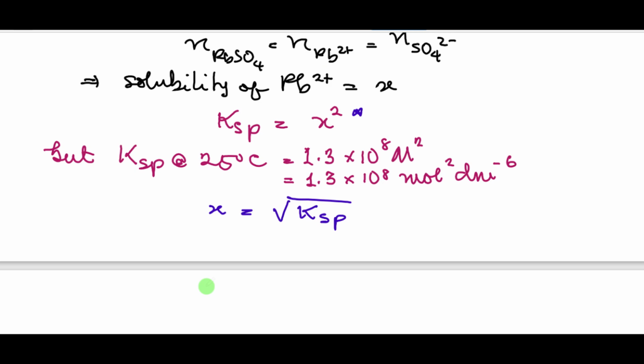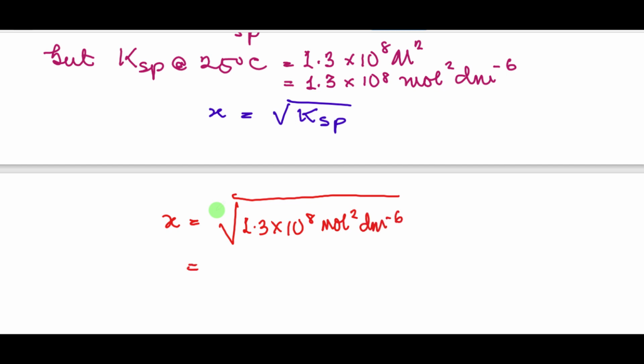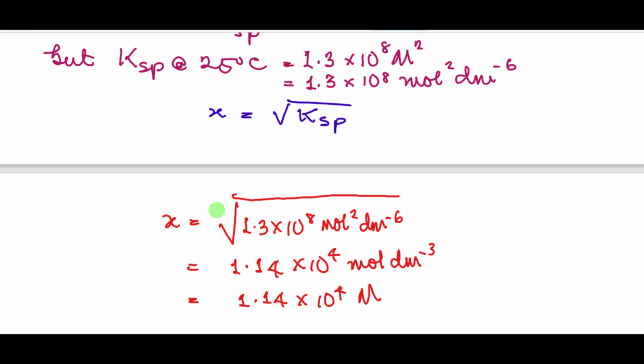So if you substitute the values, that will be X equals the square root of 1.3 times 10 raised to the power 8 mole squared per dm raised to power what, 6, and if we evaluate this, you get 1.14 times 10 raised to power 4 mole per dm cube, which is equal to 1.14 times 10 raised to power 4 molar.